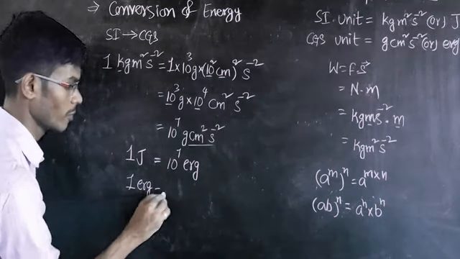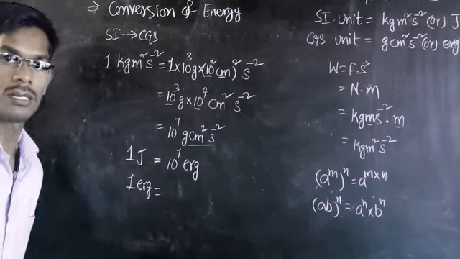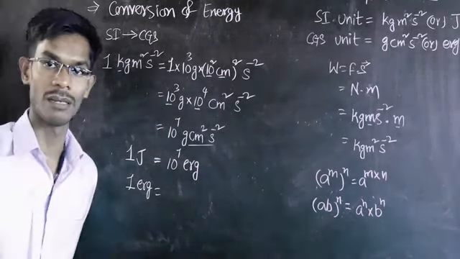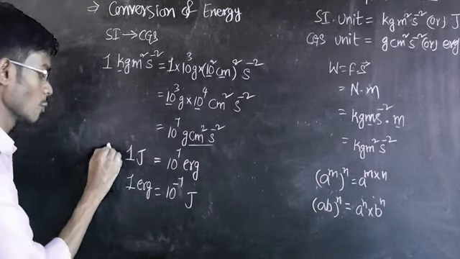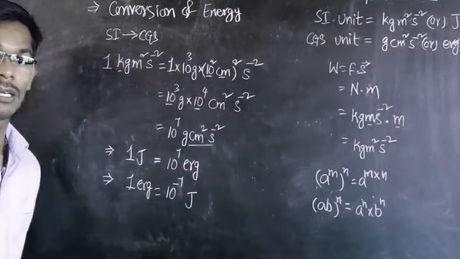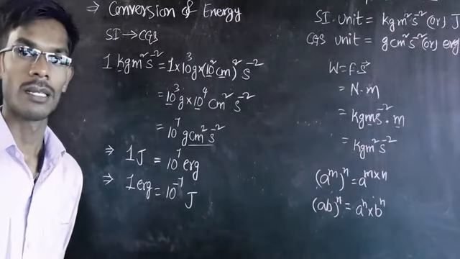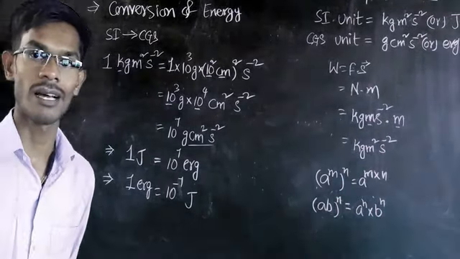It becomes the reciprocal, 10 to the power of minus 7 joule. These are the two conversion factors that we are going to use for the conversion of energy from SI to CGS and CGS to SI. So 1 joule is equal to 10 power 7 erg and 1 erg is equal to 10 to the power of minus 7 joules.